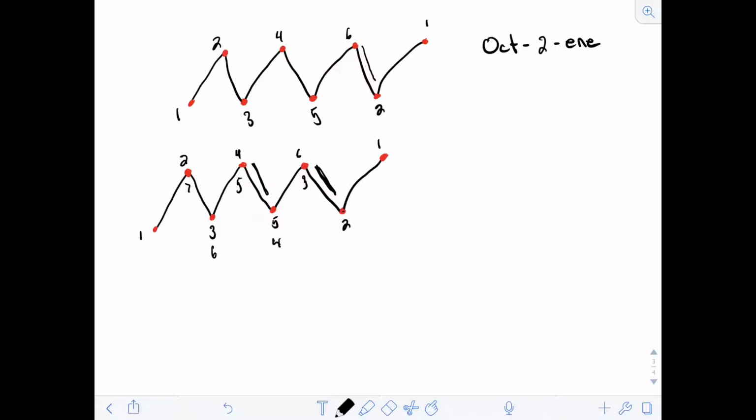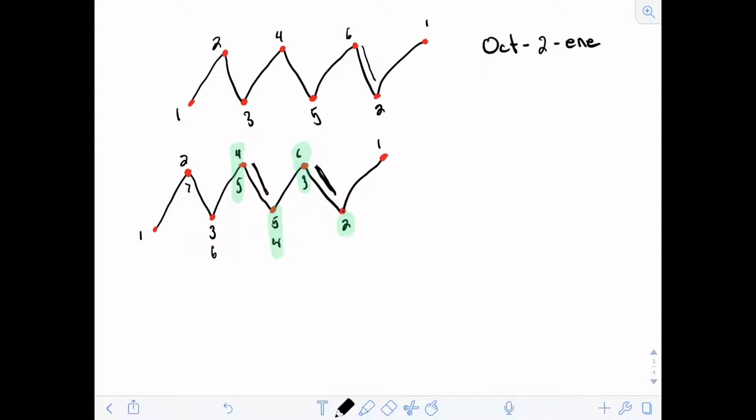Okay. So as you can see here, our 2, 6 and 3, 4 and 5. So our 2, 4 going from right to left is showing to be our lowest numbers.